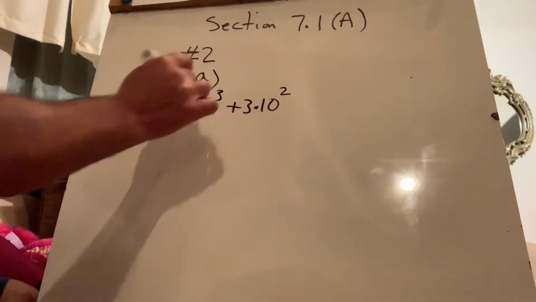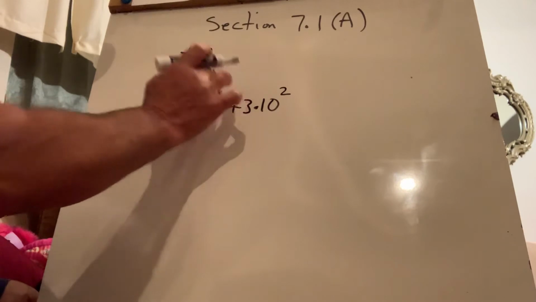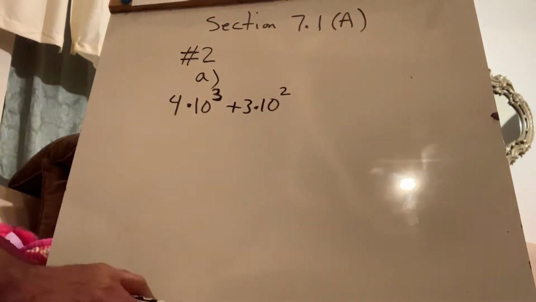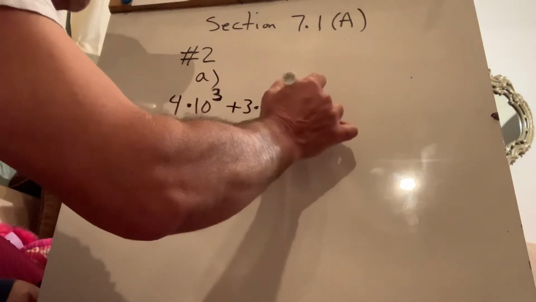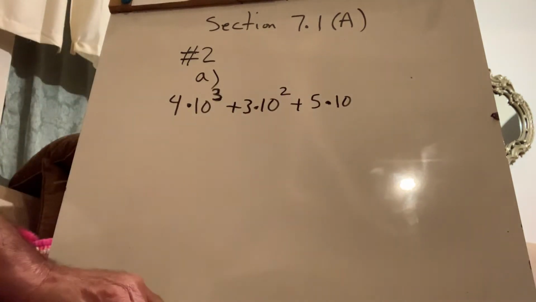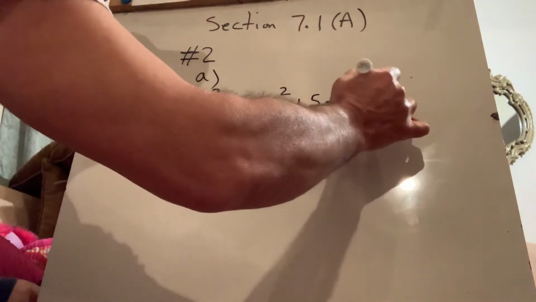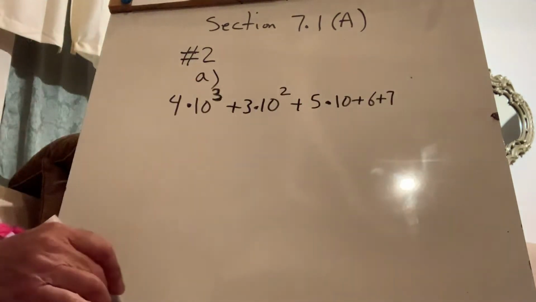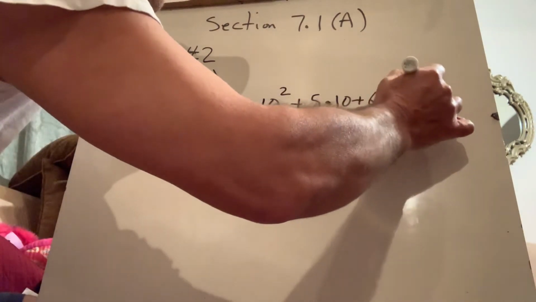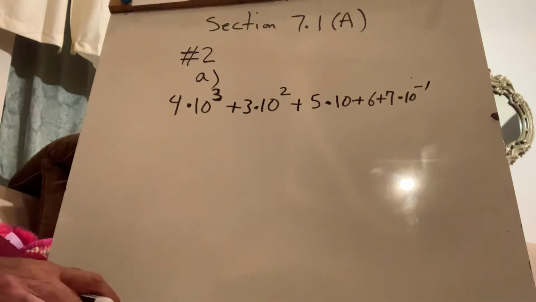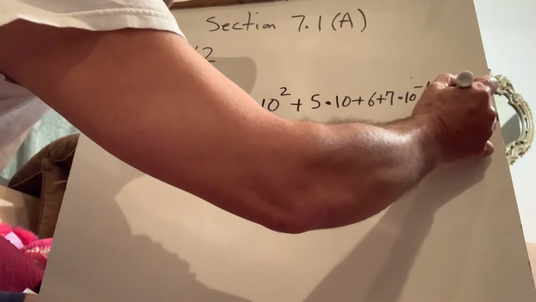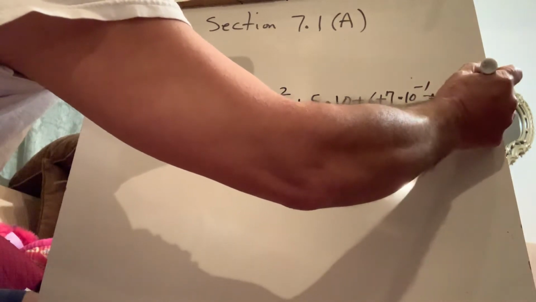So it's 4 times 10 cubed plus 3 times 10 squared plus 5 times 10, which you can think of as basically 10 to the first power, and then plus 6, plus 7 times 10 to the negative 1, and then plus 8 times 10 to the negative 2.